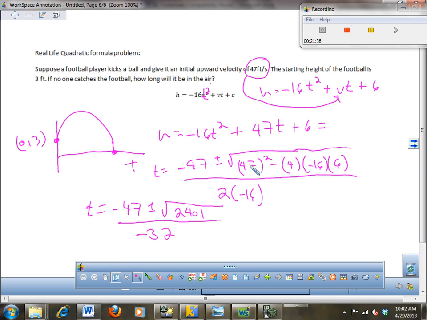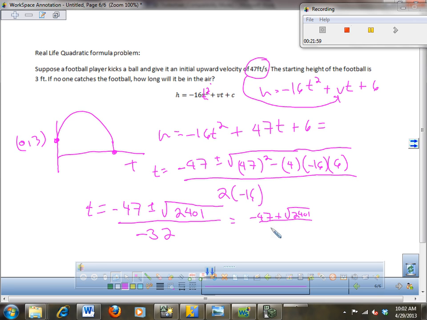And that's if you square 47 and then you subtract 4 times negative 16 times 6. That's what you would get. And so you get t equals negative 47 plus the square root of 2401 divided by negative 32, or negative 47 minus the square root of 2401 divided by negative 32.